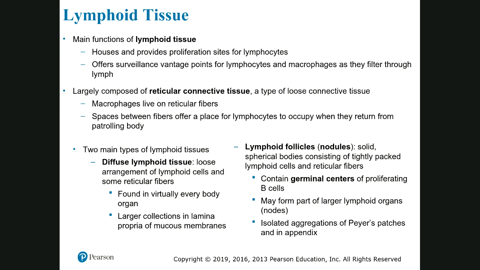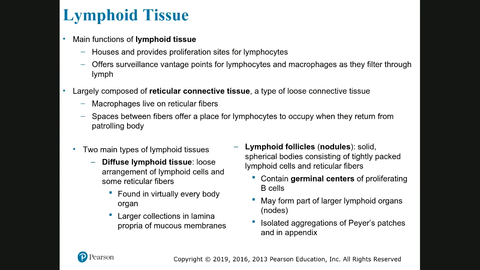Diffuse lymphoid tissue is found in almost every organ in our body, and it has a large lamina propria of mucous membrane. Those nodules, the lymphoid follicles, are solid and spherical.